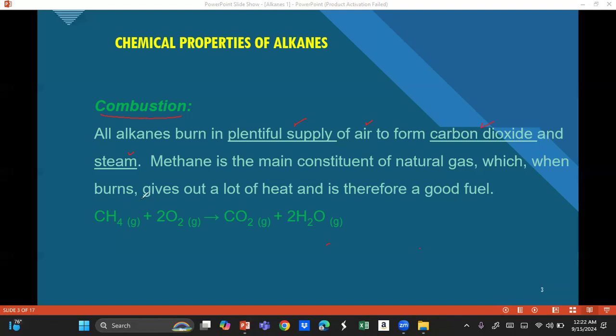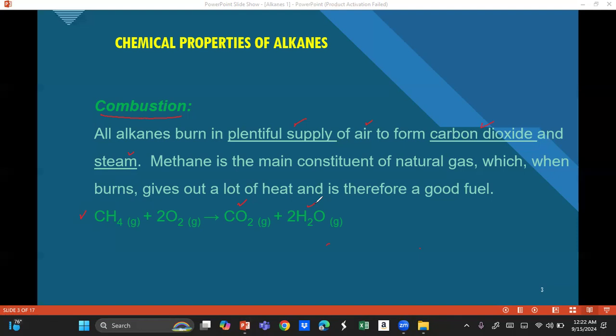So let's see the chemical equation for the combustion of methane. This equation basically shows complete combustion of alkanes. When we have excess air, then methane, ethane, propane, butane, all the alkanes will burn completely, and they will produce carbon dioxide and steam.